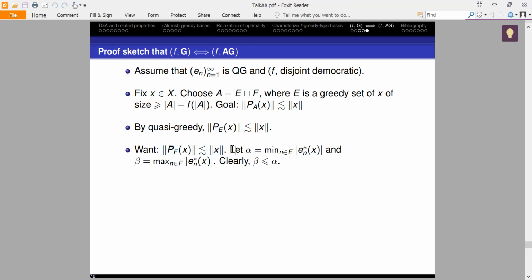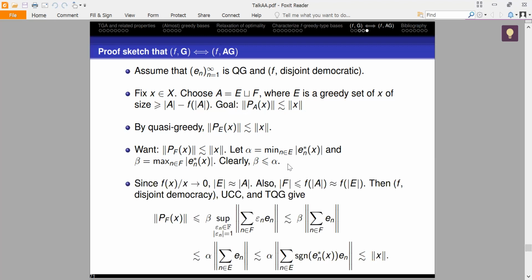To do so, we let alpha be the minimum coefficient in the greedy set, and beta be the maximum coefficient in F. Then clearly beta is less than alpha, right? Because E is a greedy set and F is outside the greedy set, so beta is bounded by alpha.